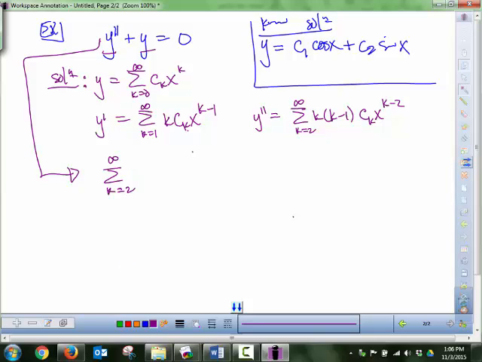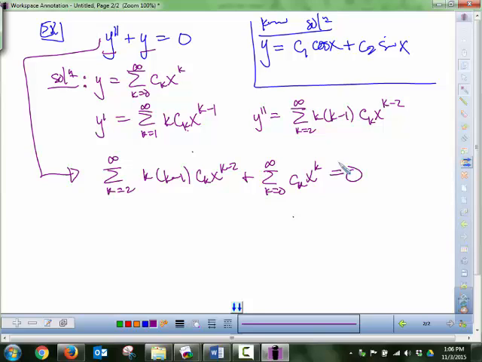That's going to make a difference when we set things up. We have k times k minus 1, c sub k, x to the k minus 2, plus we have a y, and that's just the original assumed solution, the sum from 0 to infinity of c sub k, x to the k, is equal to 0.